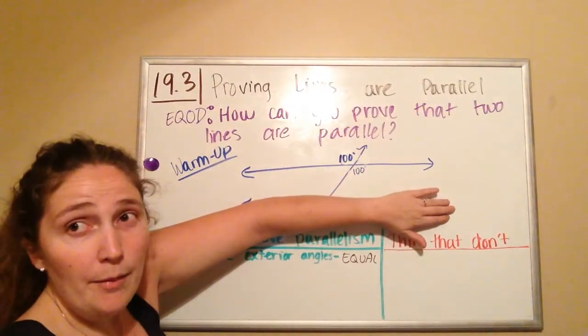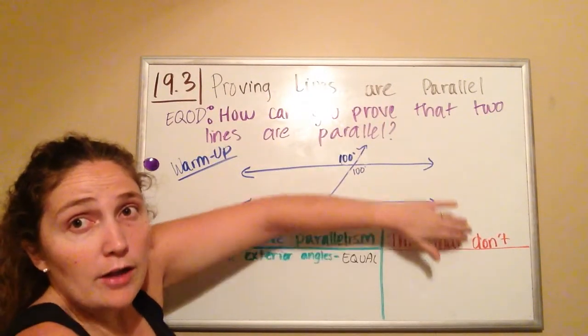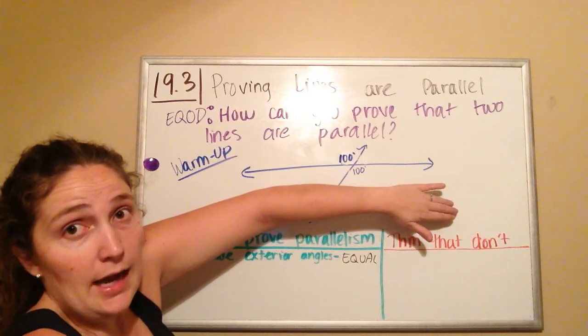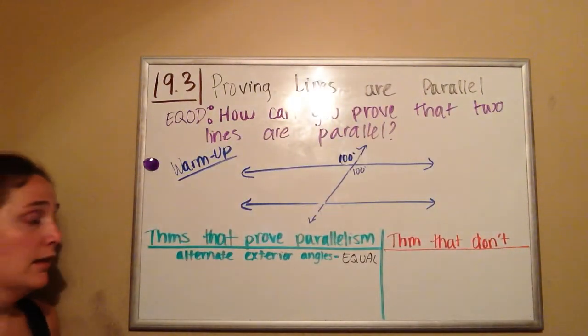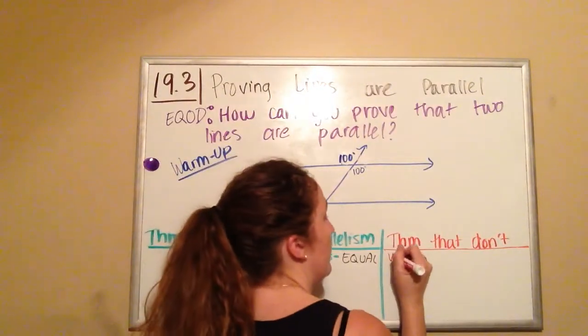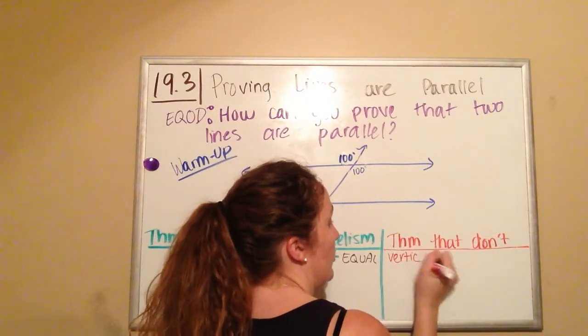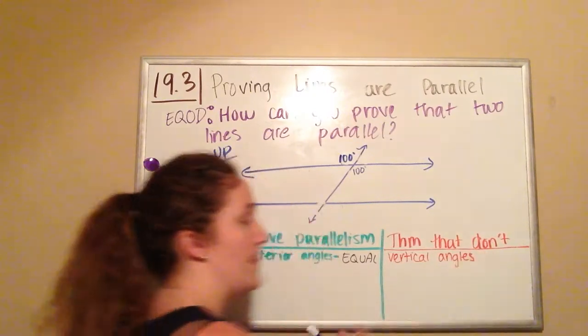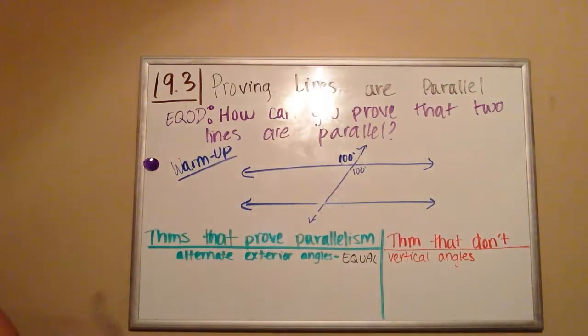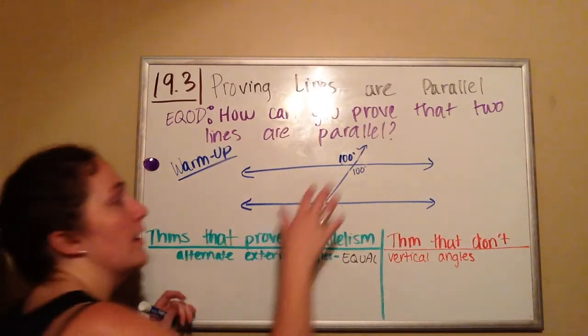So it cannot prove that these are parallel because it says nothing about this line. So a theorem that does not prove anything is vertical angles. Doesn't prove anything to me. Alright, let's try a couple other ones.